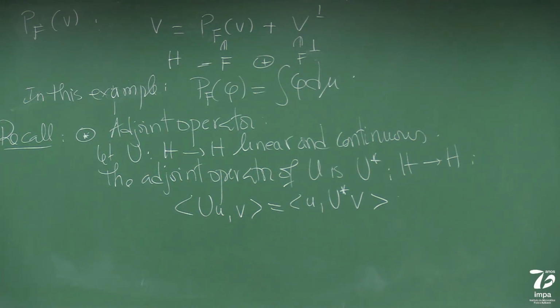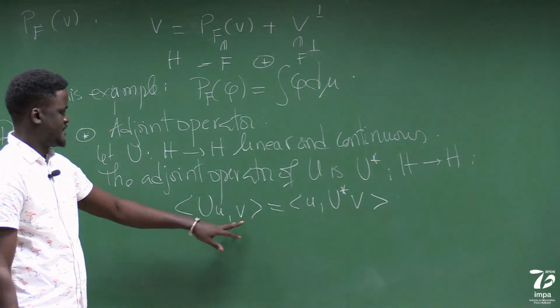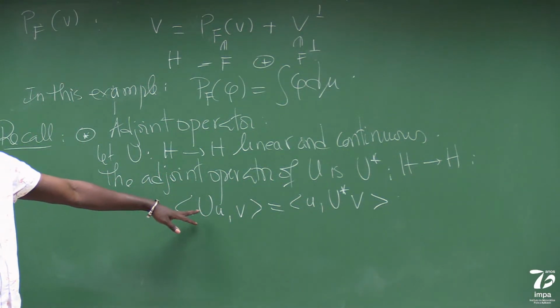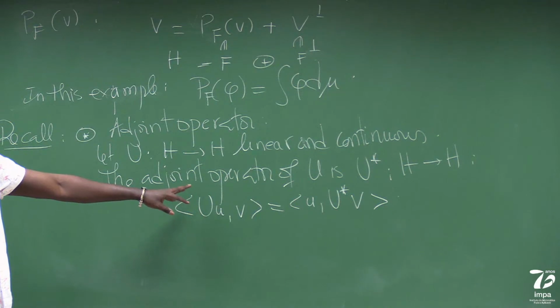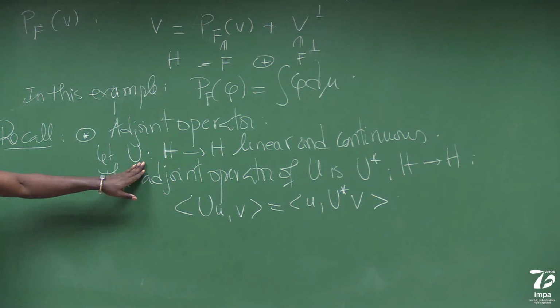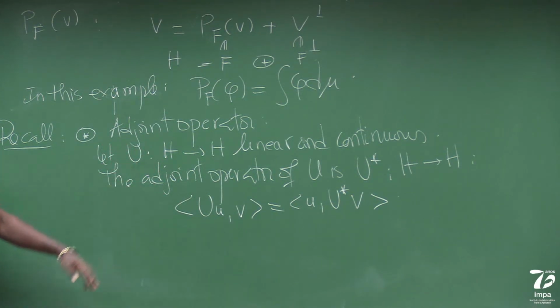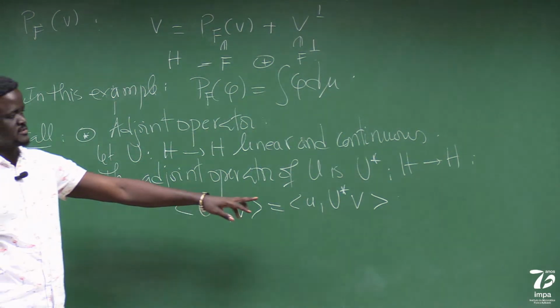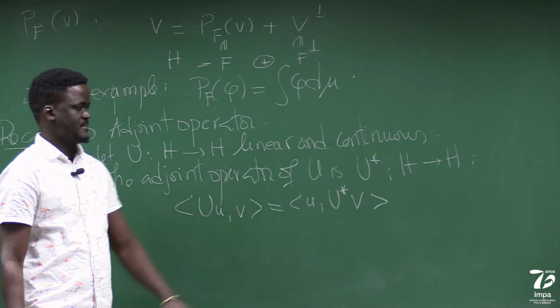If you haven't seen this, if you are familiar with matrices, think of U being a matrix acting on R2 or Rn, a square matrix. Then this is just the transpose of the matrix.